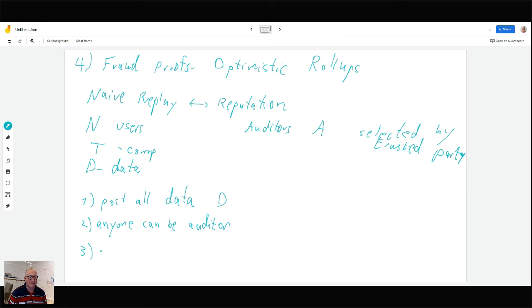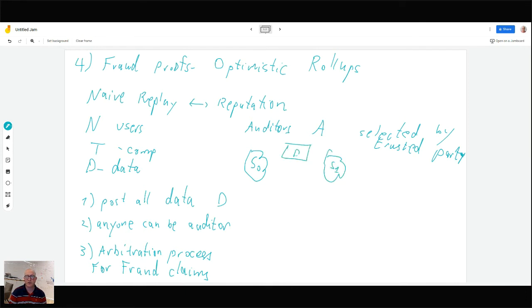And we have this arbitration process for fraud claims. So what does this mean? It means that we have the state of the system as S0, and then suddenly the state S1 appears, and there's all this data that everyone sees.